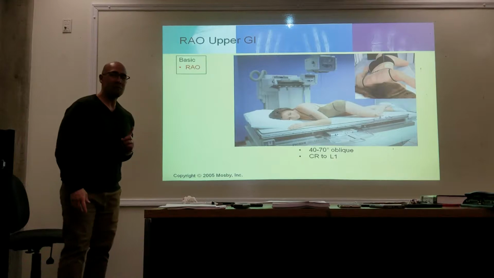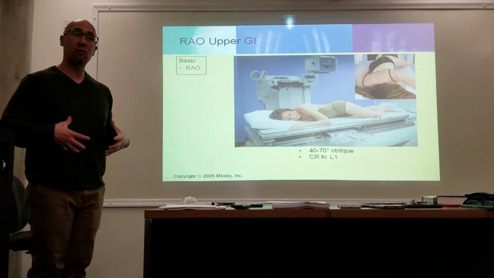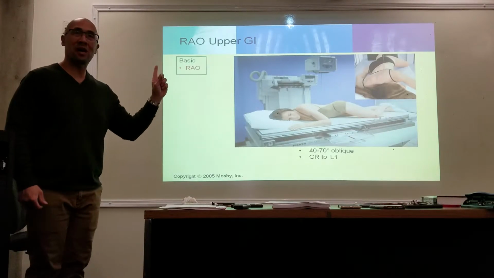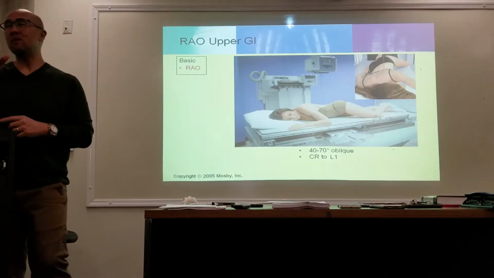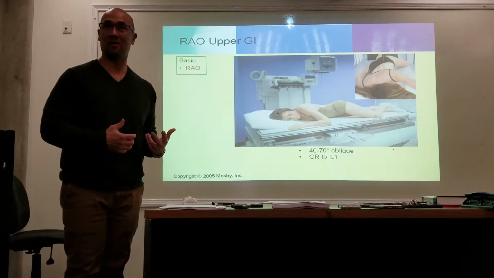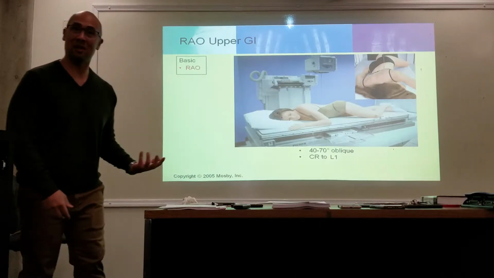Now, what you should have been doing while the doctor was performing that fluoroscopic procedure is keeping a close eye on the viewing monitor to see where the stomach was. Because that's going to be your clue in where to position the image receptor.